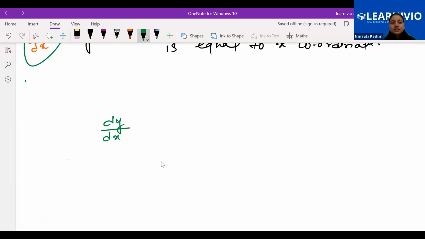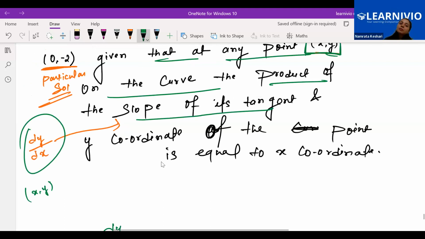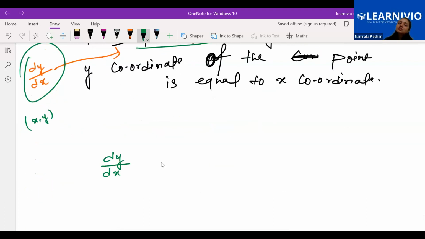If a point xy is there, what is the x coordinate and what is the y coordinate? 0 comma minus 2, yes ma'am. 0 comma minus 2 is for finding the particular solution. For the point xy, the x coordinate is x and the y coordinate is y.